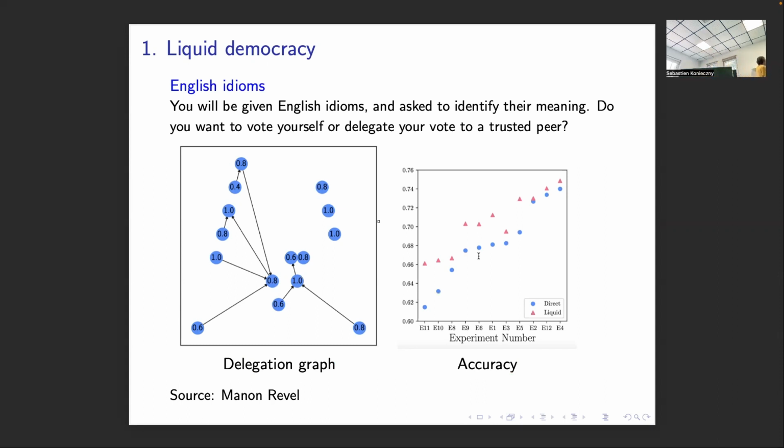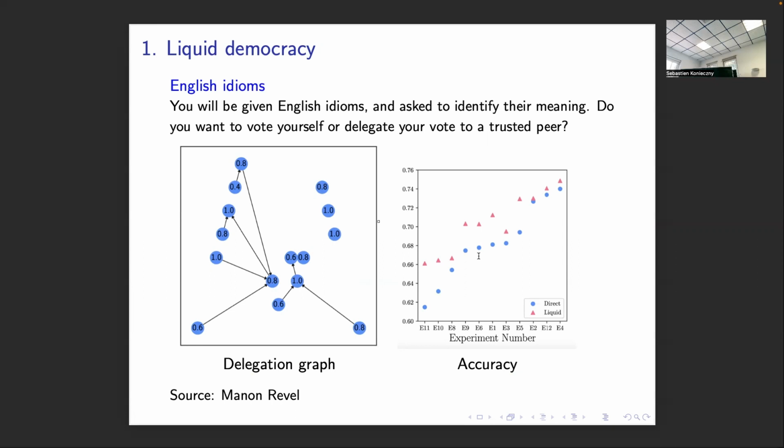Okay, so you see, the delegation graph may look like something like that. There are nodes that gather many delegations. That's totally expected. Also you have transitive delegations.